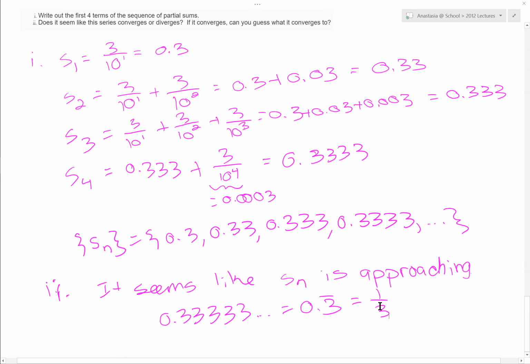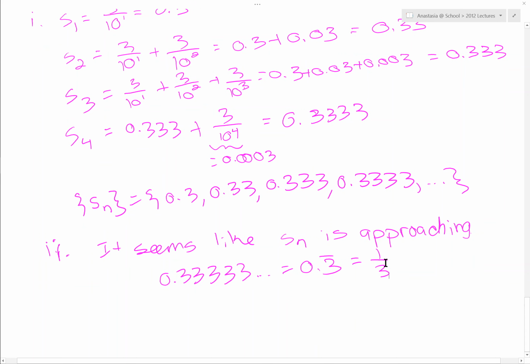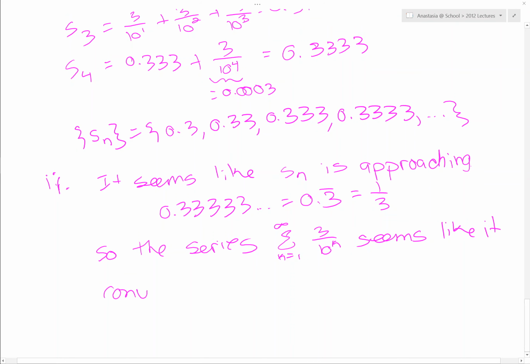So it seems like this sequence of partial sums is approaching 1/3, and if the sequence of partial sums approaches something, then that means the series does as well. So the series sum from k equals 1 to infinity of 3 over 10 to the k seems like it converges to 1/3. That would at least be a good guess.